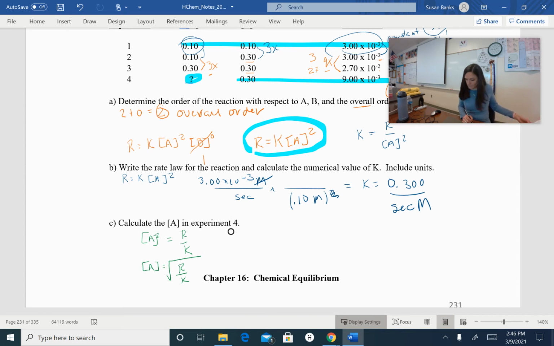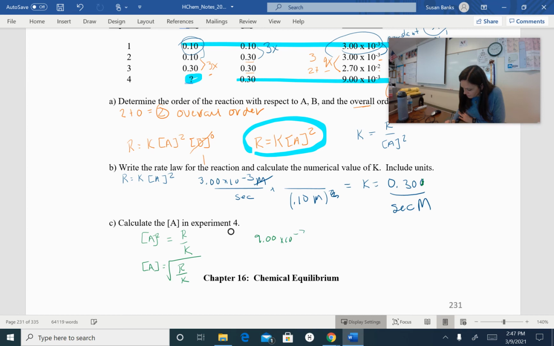So when we do this, actually we have just 2 sig figs here. So my R is 9.00 times 10 to the negative 3, and it is molar per second.